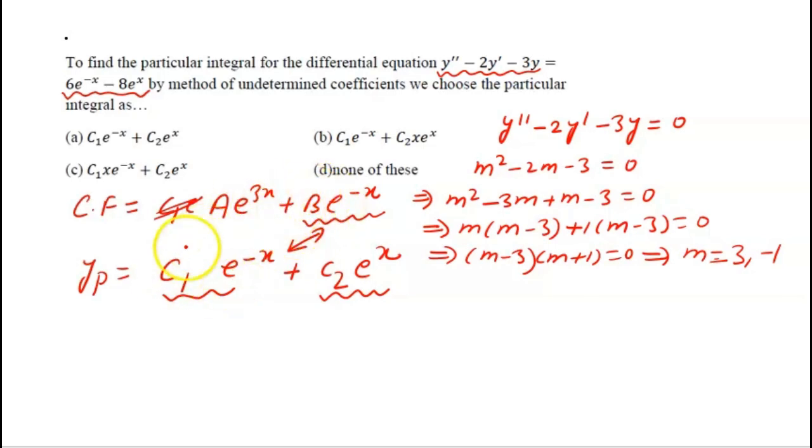They differ only in the arbitrary constant, but basically the terms are the same: e to the power minus x. So to make it independent, we have to multiply it by x. The correct answer will be c1 x e to the power minus x plus c2 e to the power x. So this option will be correct. This is how you should proceed with the problem.